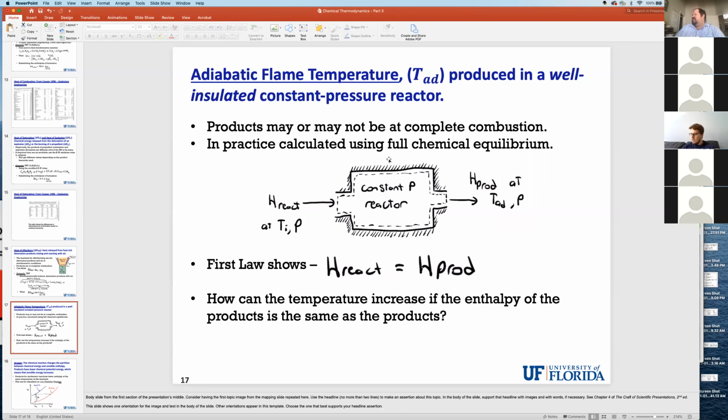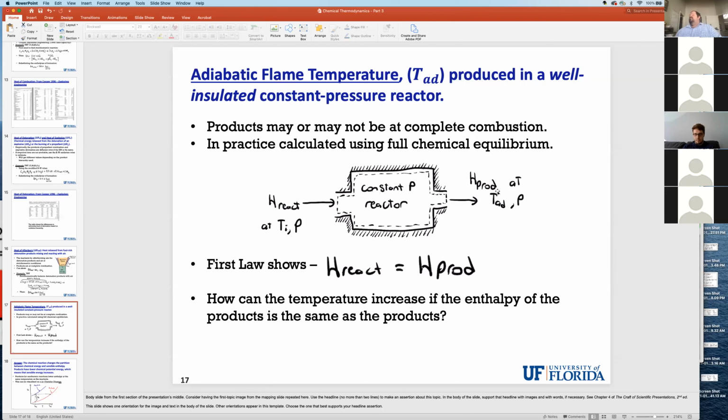What if instead we make it very well insulated so that there's no heat lost? We'll call that temperature the adiabatic flame temperature. You can do a first law energy balance, and it would be pretty straightforward to show that at steady state conditions, the enthalpy of the reactants is the same as the enthalpy of the products.